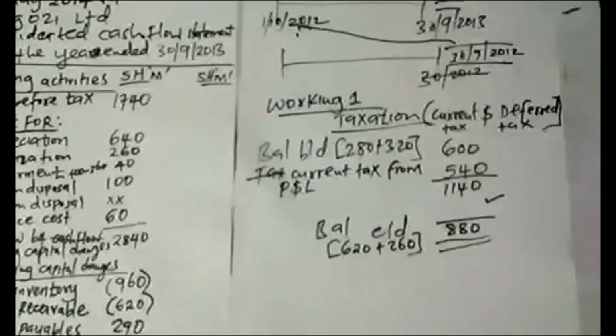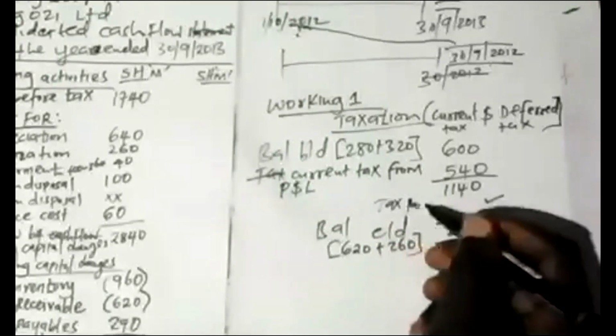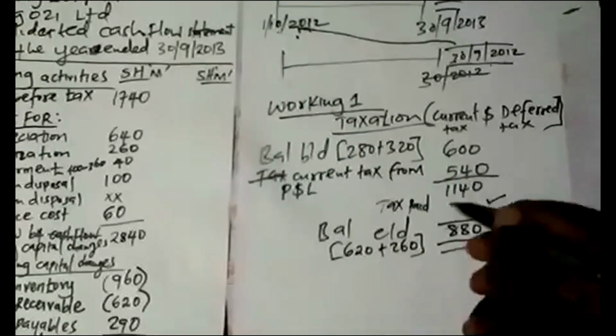So you can see your tax reduced. After starting with 600, they incurred a tax of 540 for the year. We have 1,140, but at the end the tax is 880. It reduced because they paid tax. So 1,140 minus 880, they paid a tax of 260.